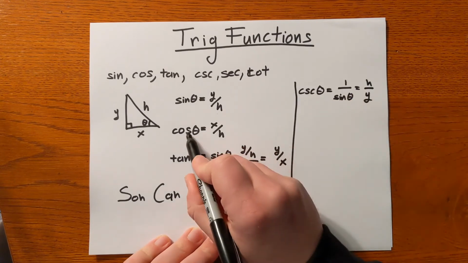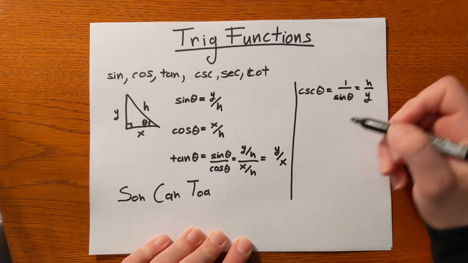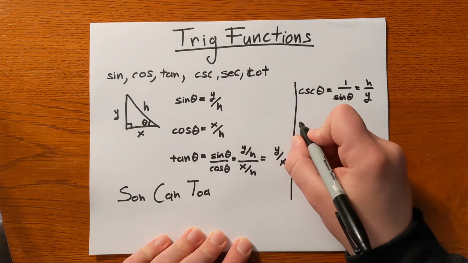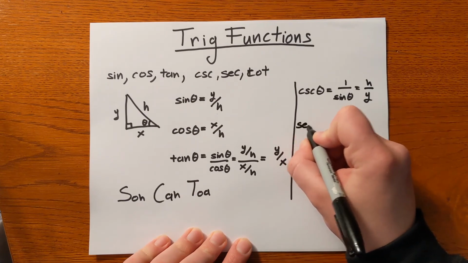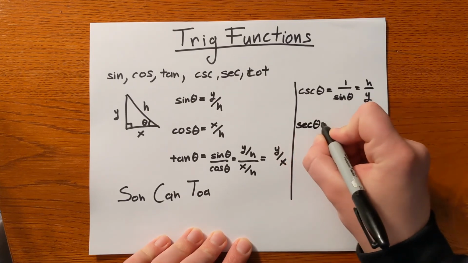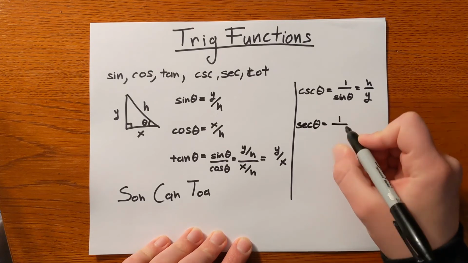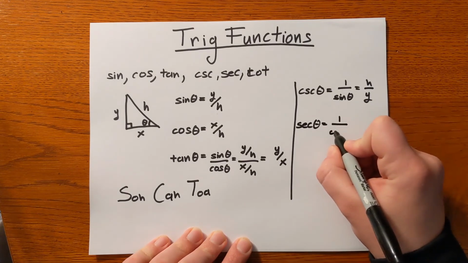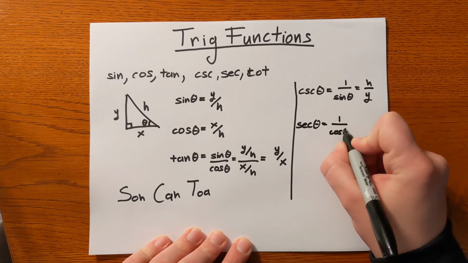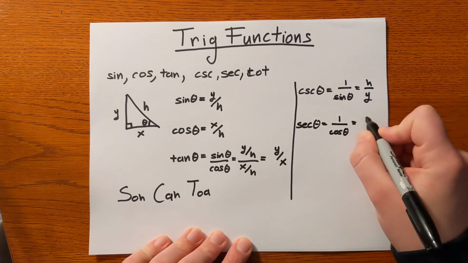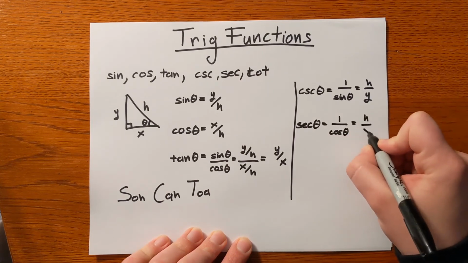Then the reciprocal of cosine is secant. That's just its definition. So that makes it h over x.